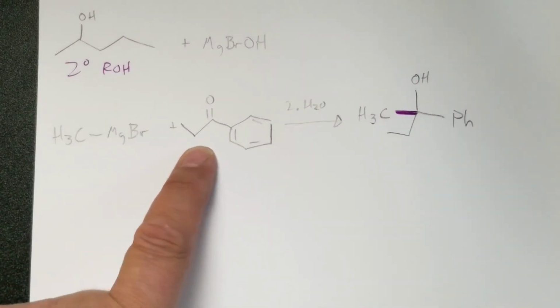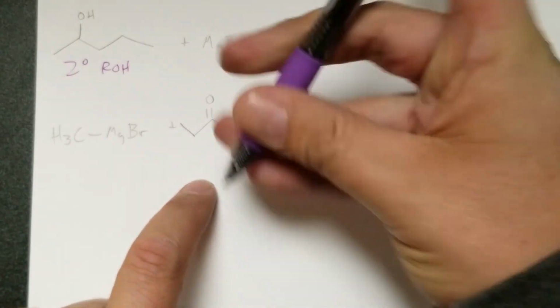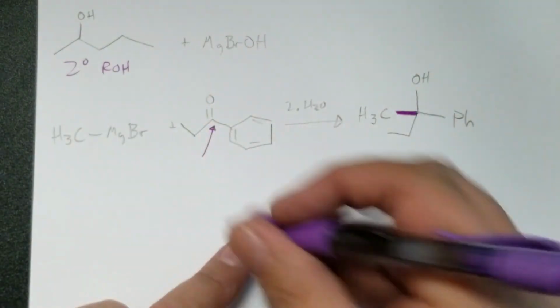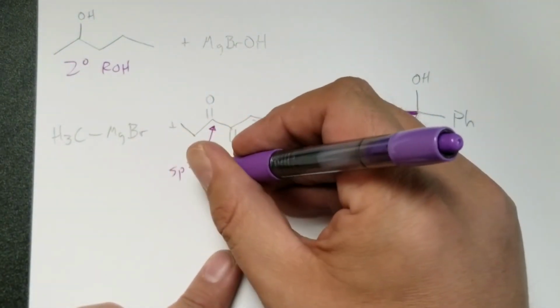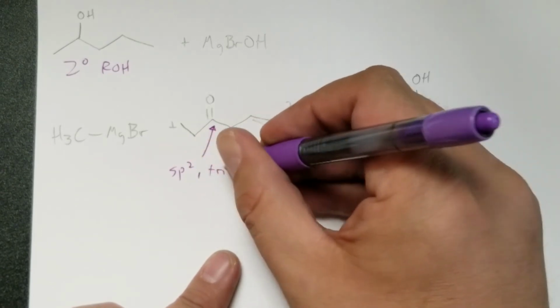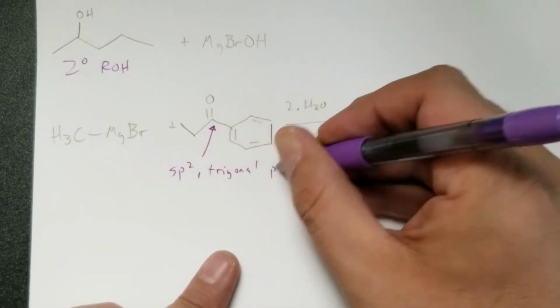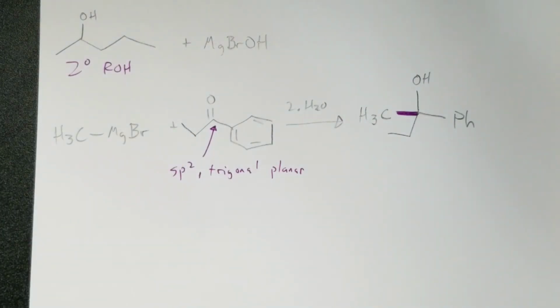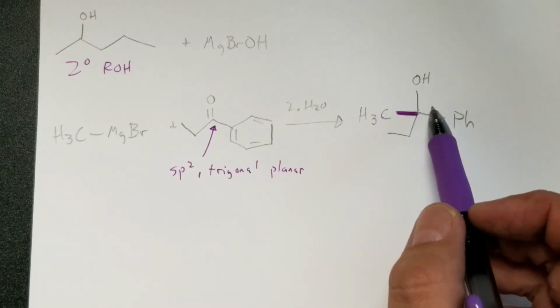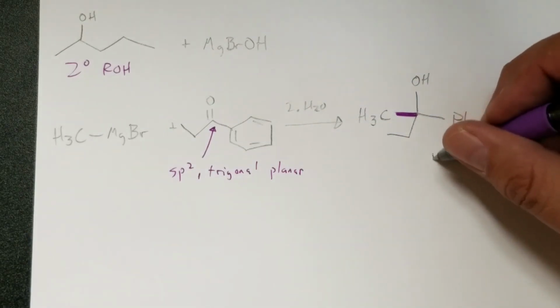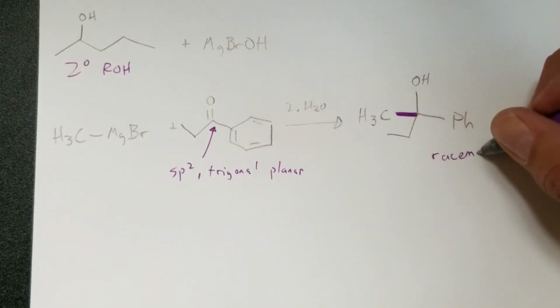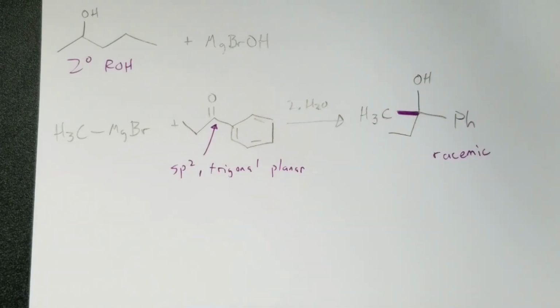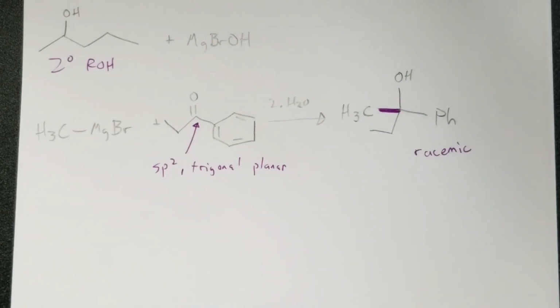That carbon is trigonal planar, sp2, so your nucleophile could attack either face of that molecule, giving you both enantiomers. So this is racemic. If you're being asked to specifically show stereochemistry here, these are racemic.